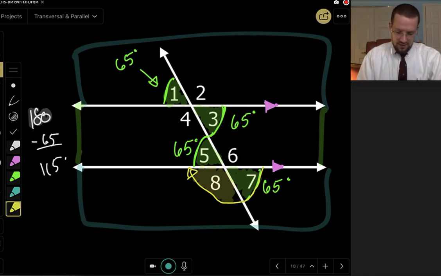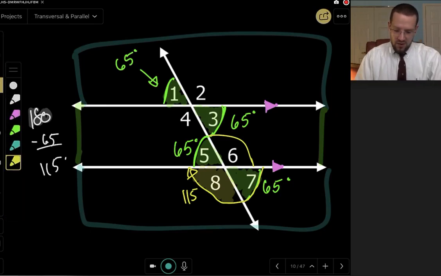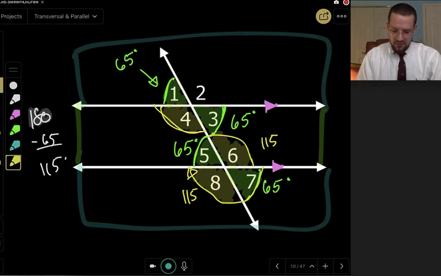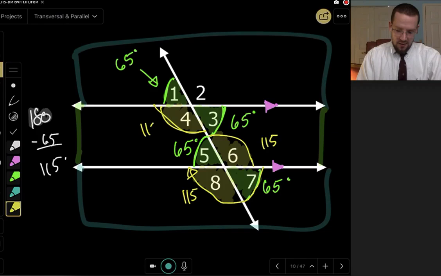So this is 115, and look, the cycle continues. 8 and 6 are vertical angles, and so they are congruent. So 6 is 115. 4 and 6 are alternating interior angles, and so they are the same. So 4 is 115, and then we use another vertical angle here.